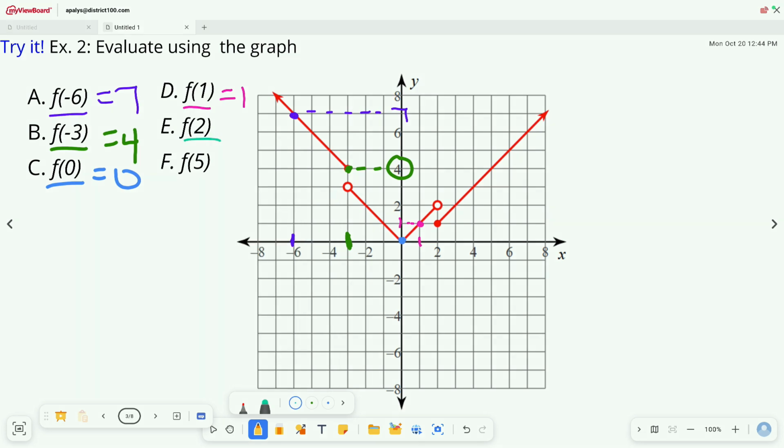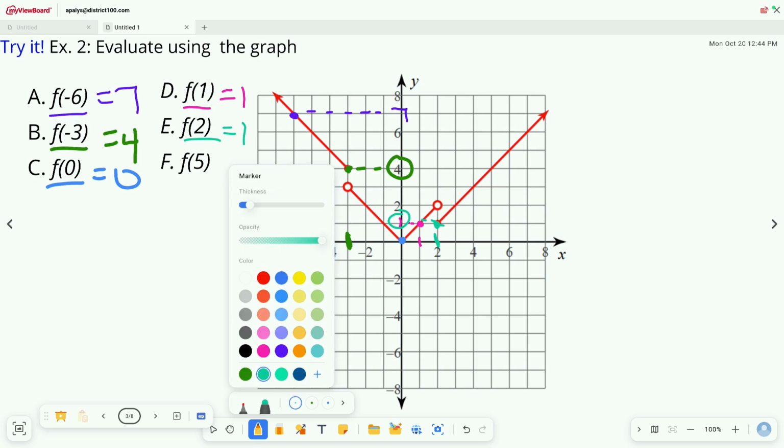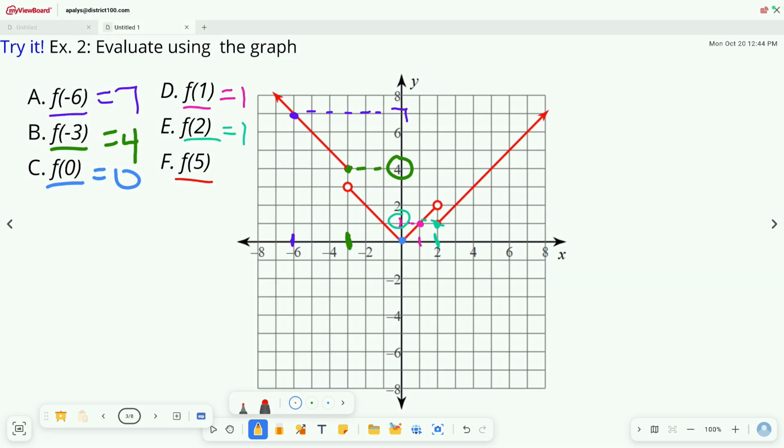At 2, 1 again. Yes. Yes. And then at 5 is 4. Okay?